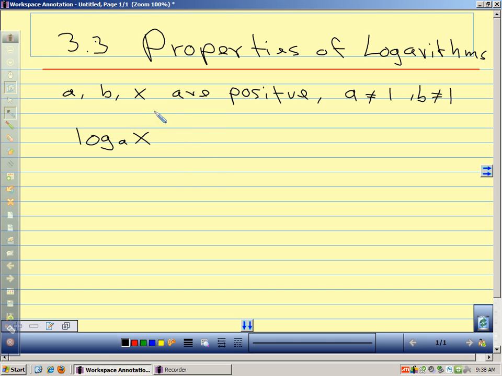And that's what we're talking about here. I guess I could put this up here at the top. This is our change of base formula.